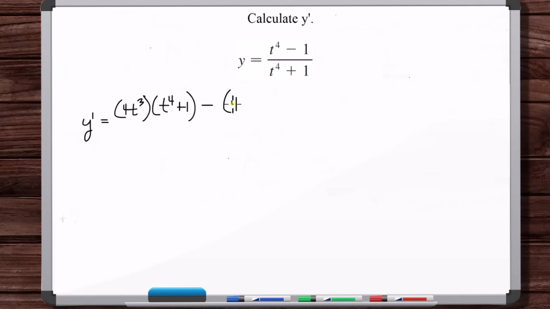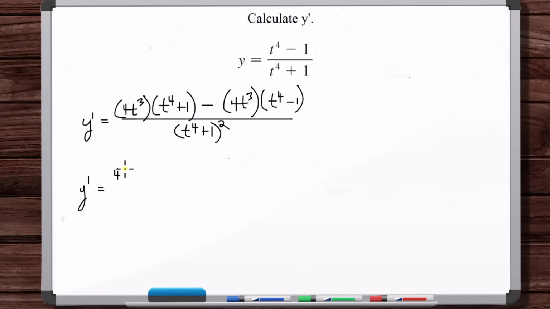This is also 4t cubed times the top, all over the bottom squared. That's the derivative. Let's simplify it as much as we can. We can factor out a 4t cubed, and we're left with t to the fourth plus 1 minus t to the fourth plus 1.